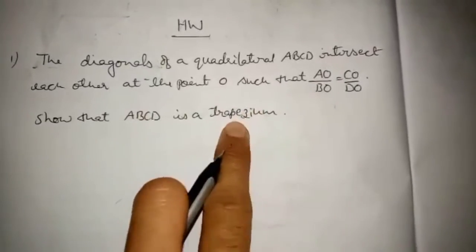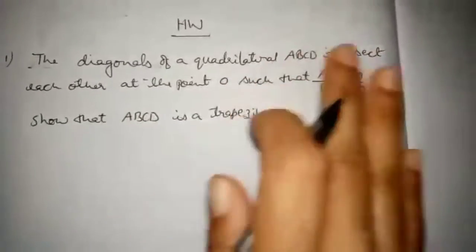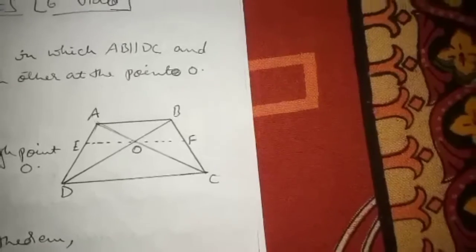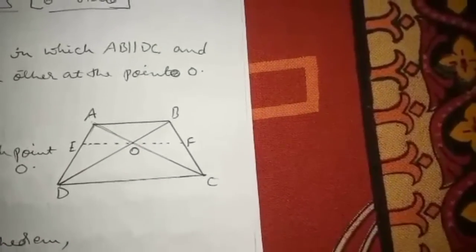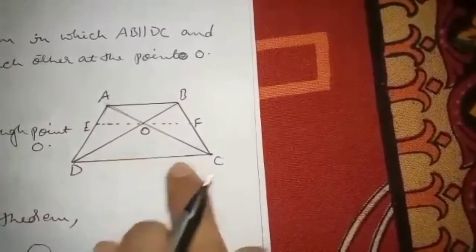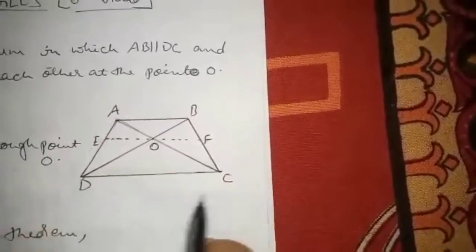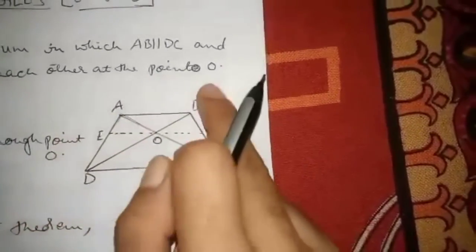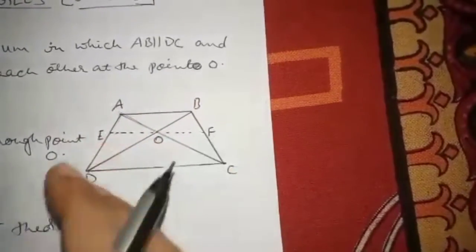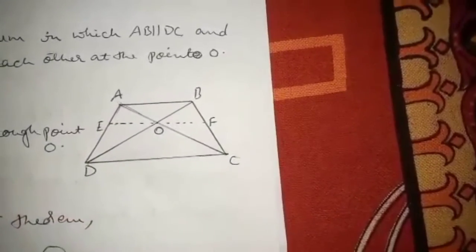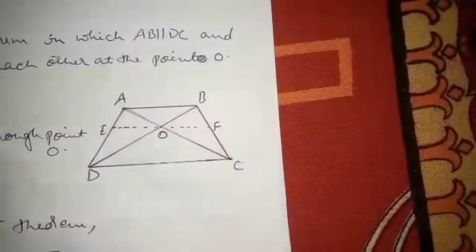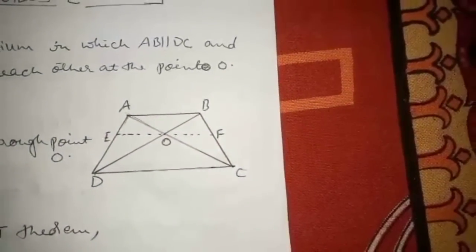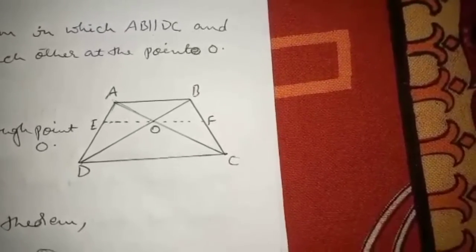Take the same diagram. I'll give you a hint to solve it. Draw the same diagram, a trapezium, and take only these two triangles, ADC and ABD, and write in the same way. But what you have to prove is that ABCD is a trapezium.